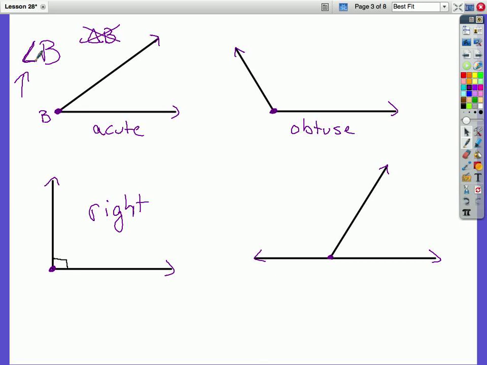So if we just have one angle, we can label it by its vertex. Some other ways to label this, say this is point A, this is point C. I could call it angle ABC, so that my vertex is in the middle. I could also label angle CBA, making sure my vertex is in the middle.